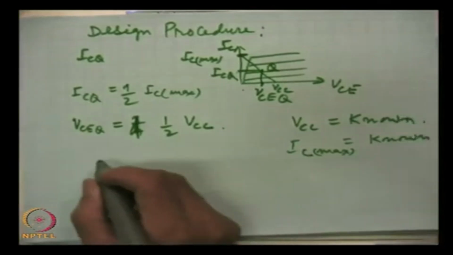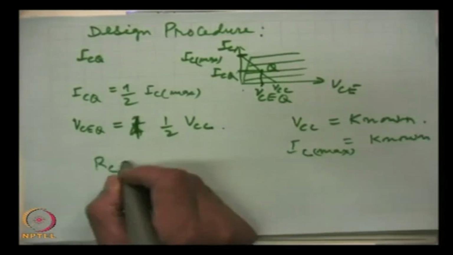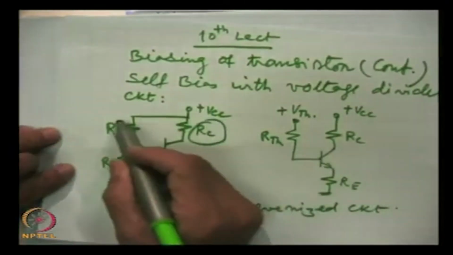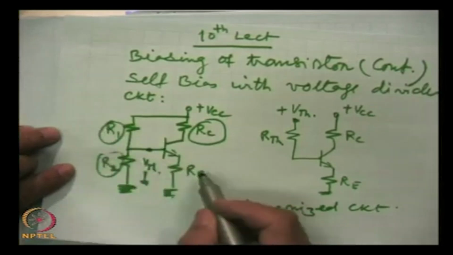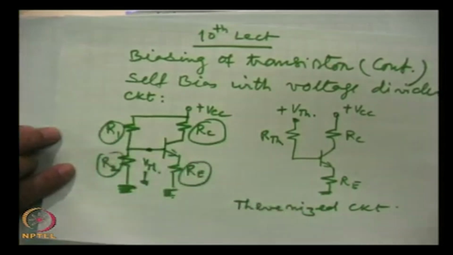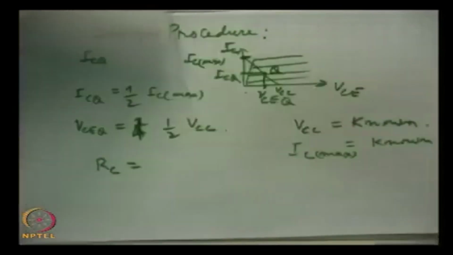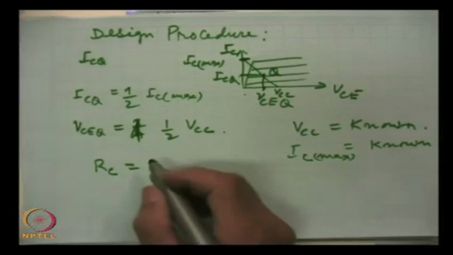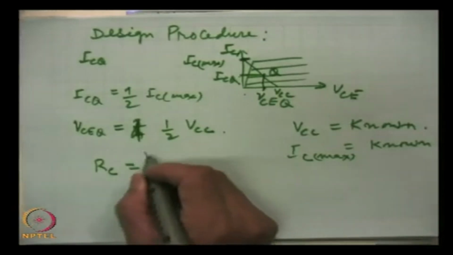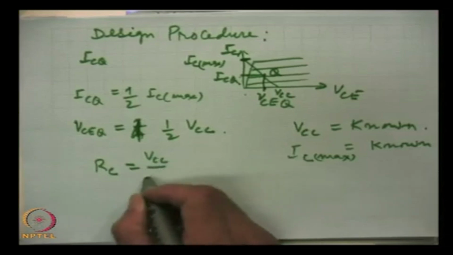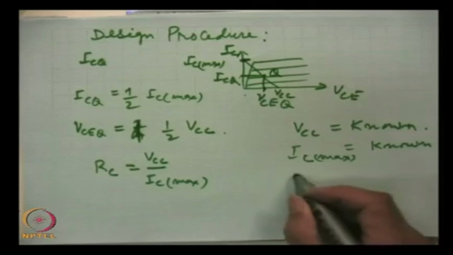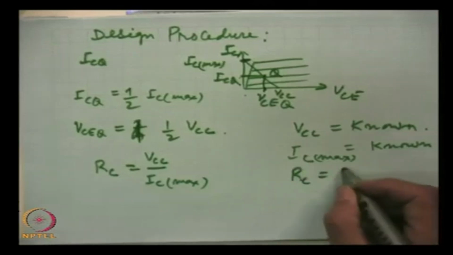Then we can get the value of RC. We have to find out the value of RC, R1, R2 and RE in this circuit, and that is the total design. We can assemble the circuit easily. So, RC can be found out from VCC by IC max. So, now RC is also known.